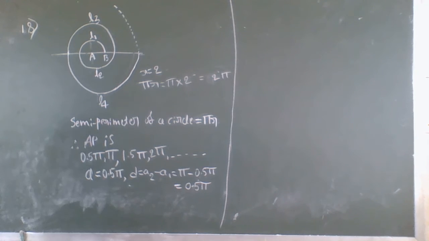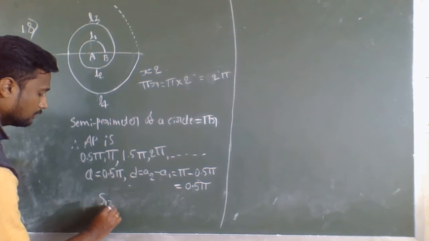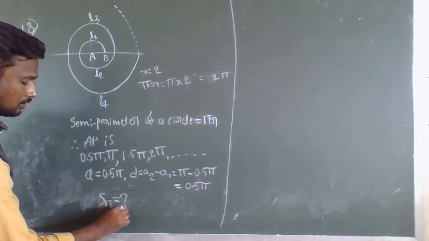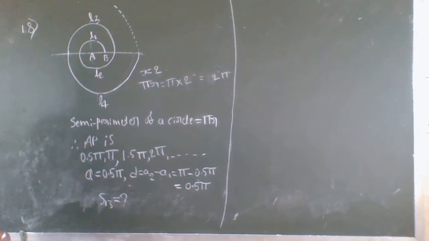Next, what can we write? We have to calculate the S13 value, the length of the 13th consecutive circle.